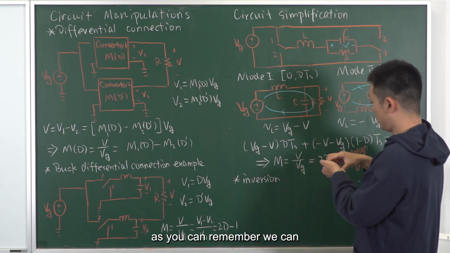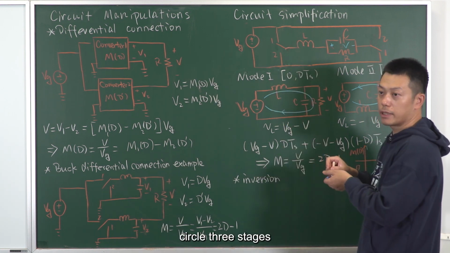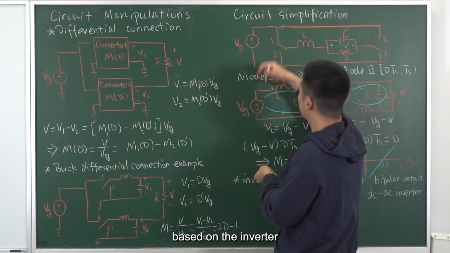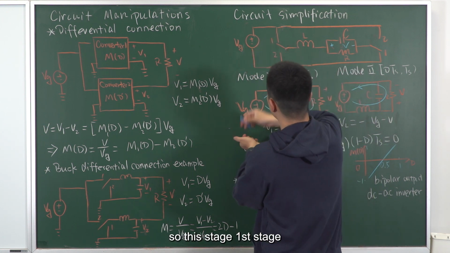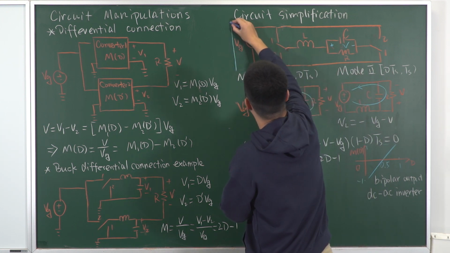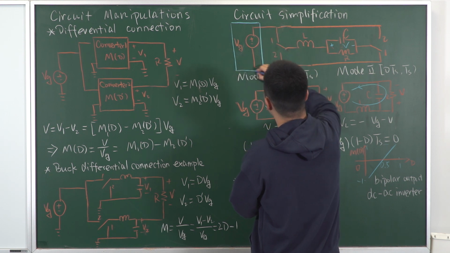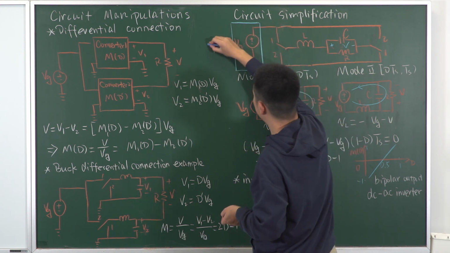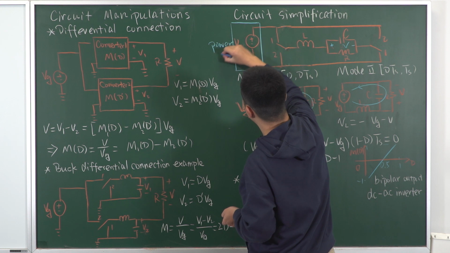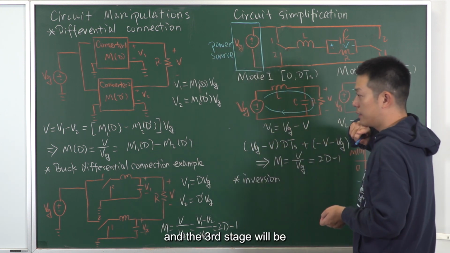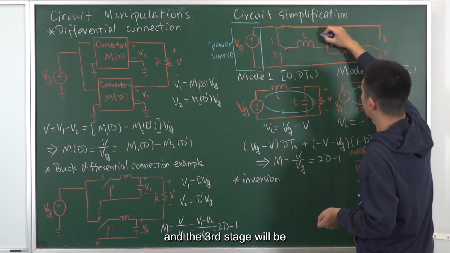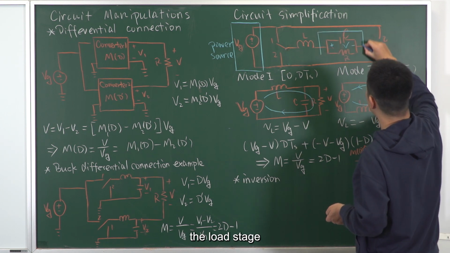As you may remember, we can circle three stages based on the inverter. So this first stage is the power source. And the third stage will be the load stage.